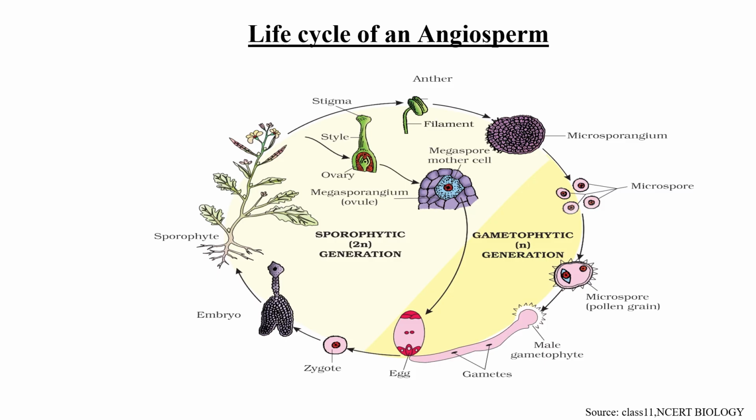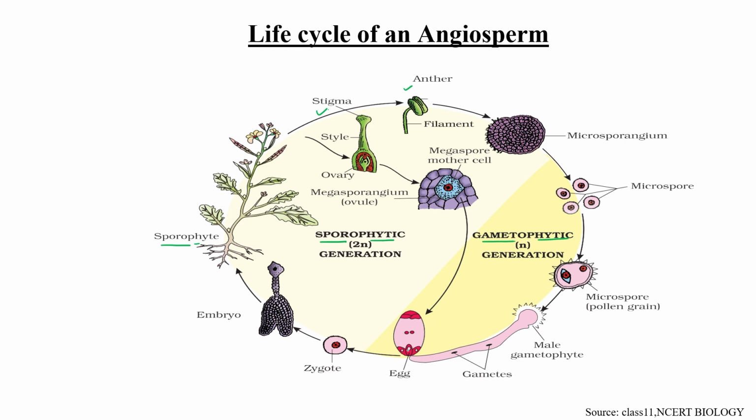Now this is the life cycle of angiosperm. Alternately, in angiosperm, sporophytic generation and gametophytic generation come one after another. The main plant body is a sporophyte, having flowers, and this flower contains both male and female parts. From the male microsporangium, microspores are developed, and from microspores, pollen grains, through which two male gametes are passed into the egg.